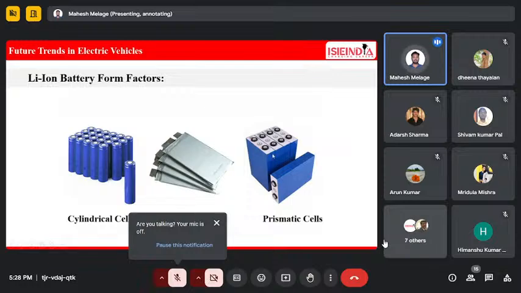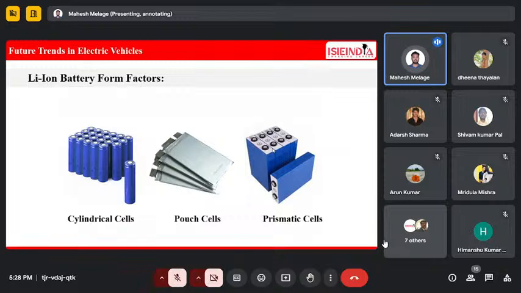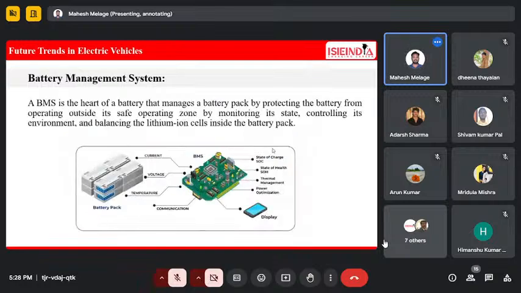If we use the prismatic cell, the surface contact will increase. That's why they affect each other. So we mostly use cylindrical cells.